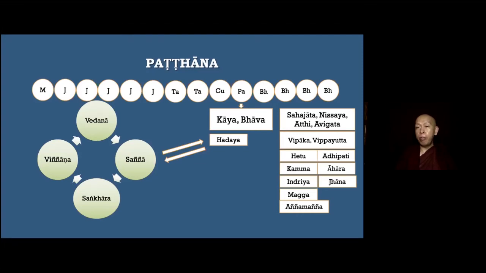In the Patthana, when you review Dukatika, nama-rupa, annamanna or annamanna paccayo refers to hadaya rupa and the four mental aggregates in the present moments. So they have a special relationship. That's why hadaya has one more condition, annamanna. For kaya and bhava, we don't have many conditions.